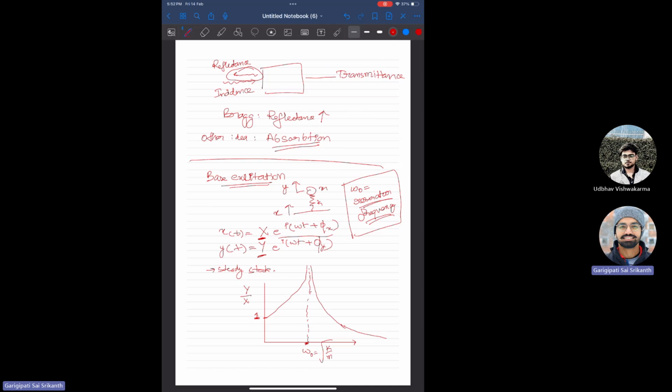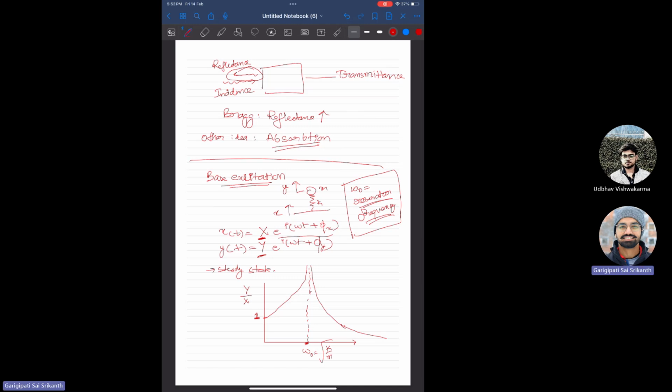So in this scenario, we can think of the washing machine as the resonator and the inner motor as the base excitation.